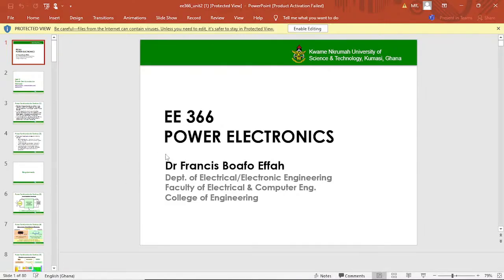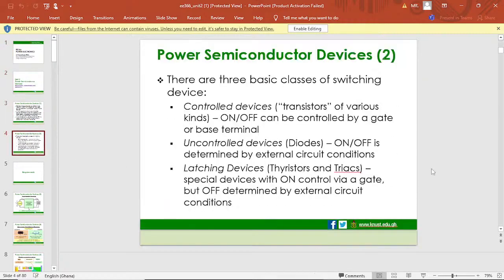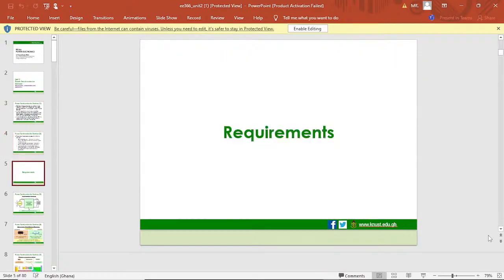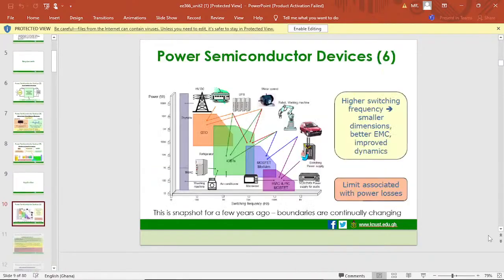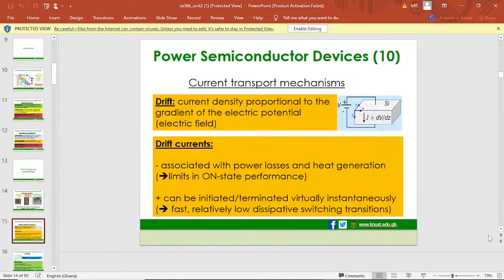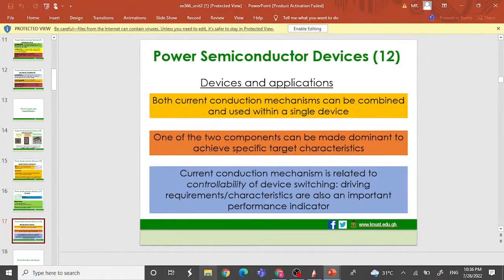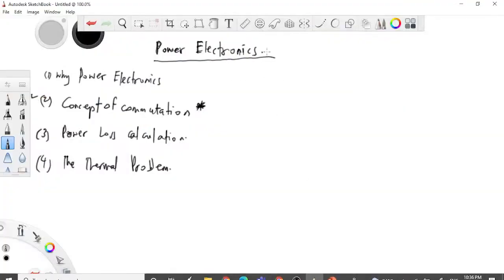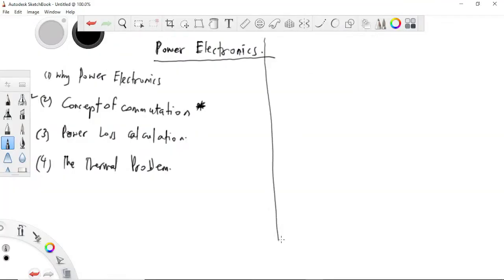So all this part is about why we are doing power electronics. Please do well to read all this. So here's the thing.